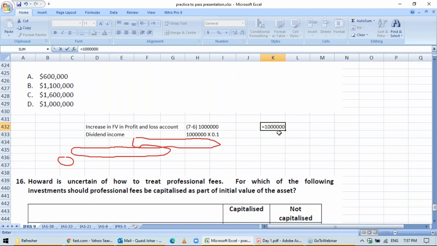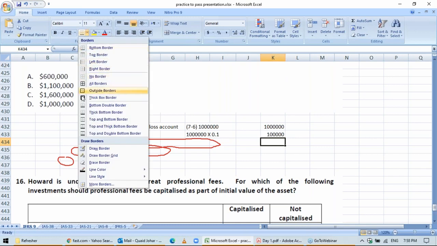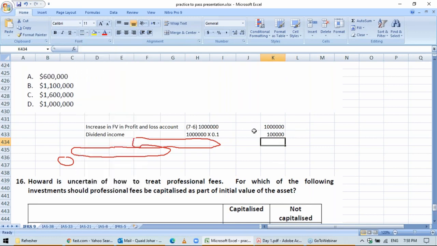So 1 million is the income on the change in fair value, and the dividend income makes 100,000 or 0.1 million. So in total, the income to be recognized in the profit and loss account should be 1.1 million. So it's 1.1 million that should be recognized in the profit and loss account.